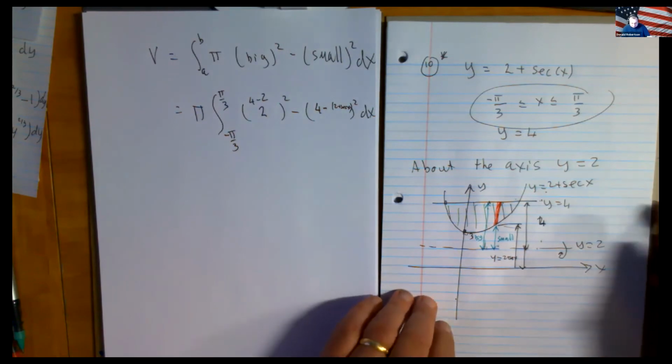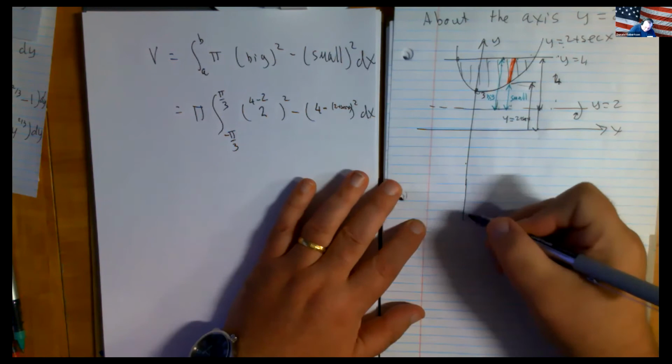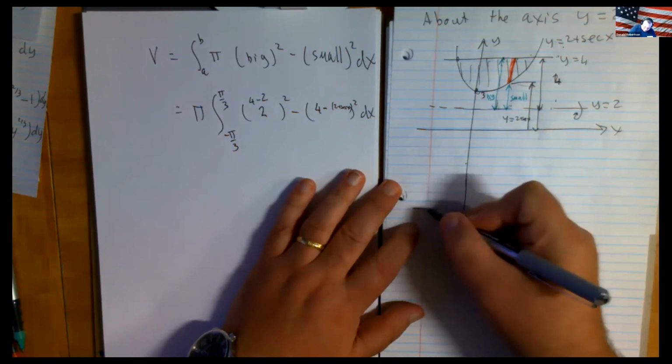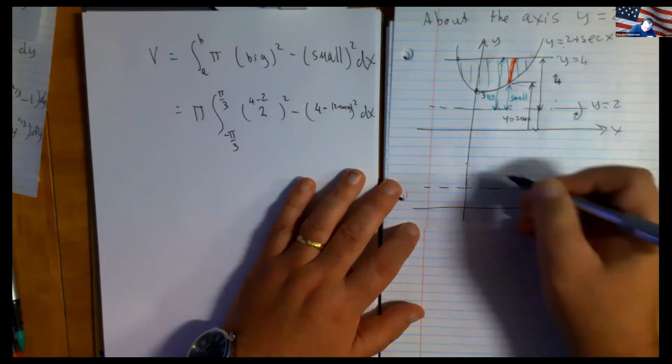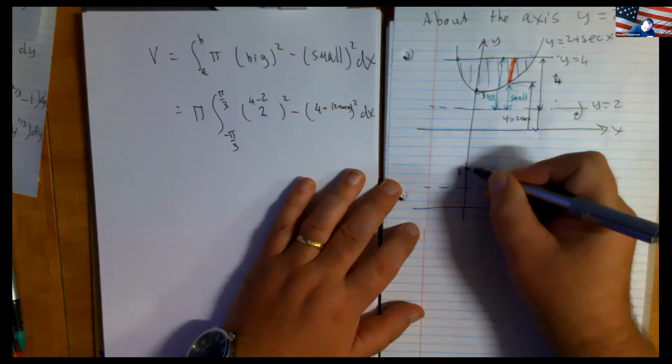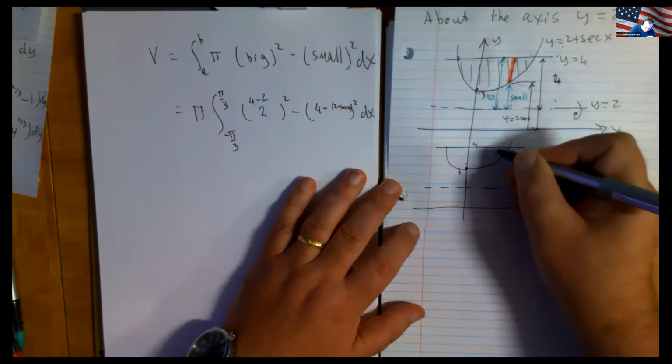That picture has just got too much going on, so I'm going to draw another version of it where I'm only focusing on one piece of the puzzle. Here is y equals 2. Here is that guy, finishes at 4.